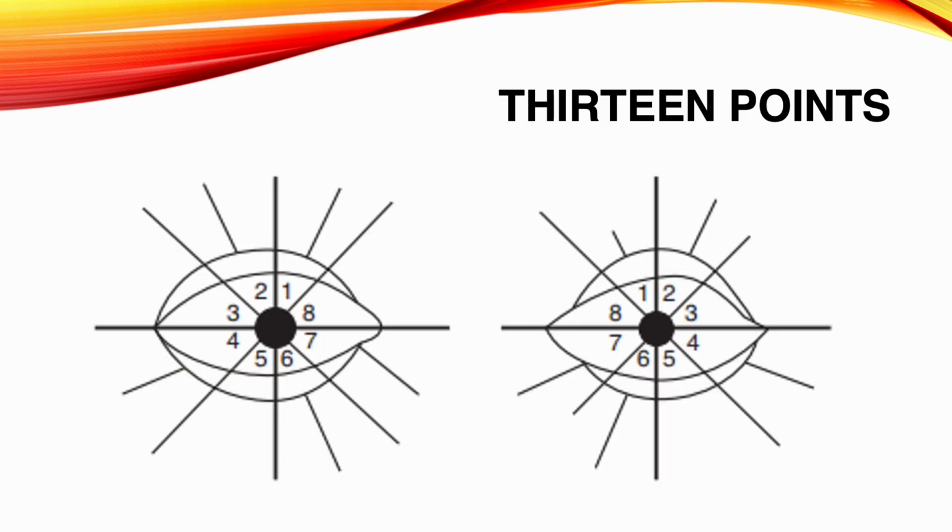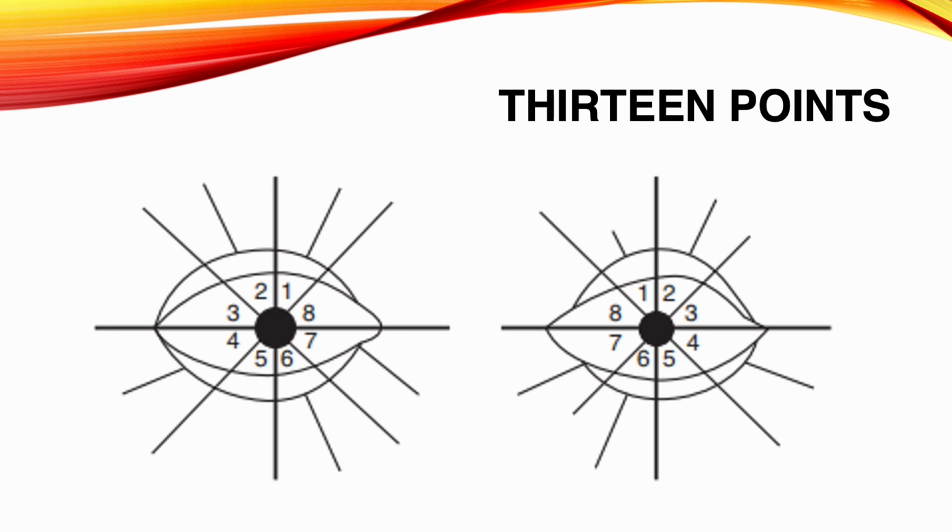The 13 points are distributed as follows. Area 1, Area 2, Area 4, Area 6, and Area 7 each have 2 points that indicate 1 Zang and 1 Fu organ. Area 3, Area 5, and Area 8 each has only 1 point.